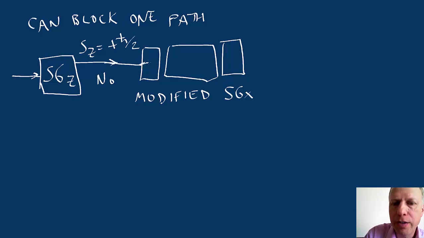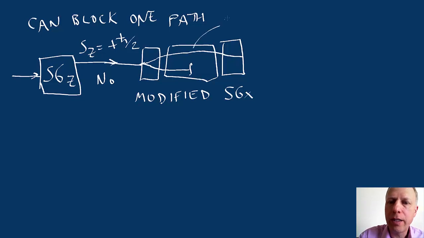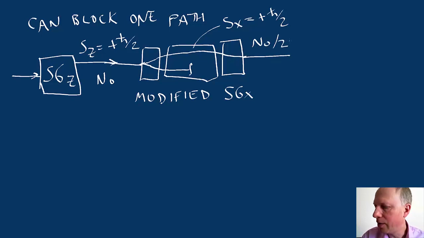The modified SGX device would split the beams into two according to the x component of spin. But suppose this lower beam, I just block it. So only the Sx equals plus h bar over 2 part of the beam is allowed to come out over here. There would be N0 over 2 of those.